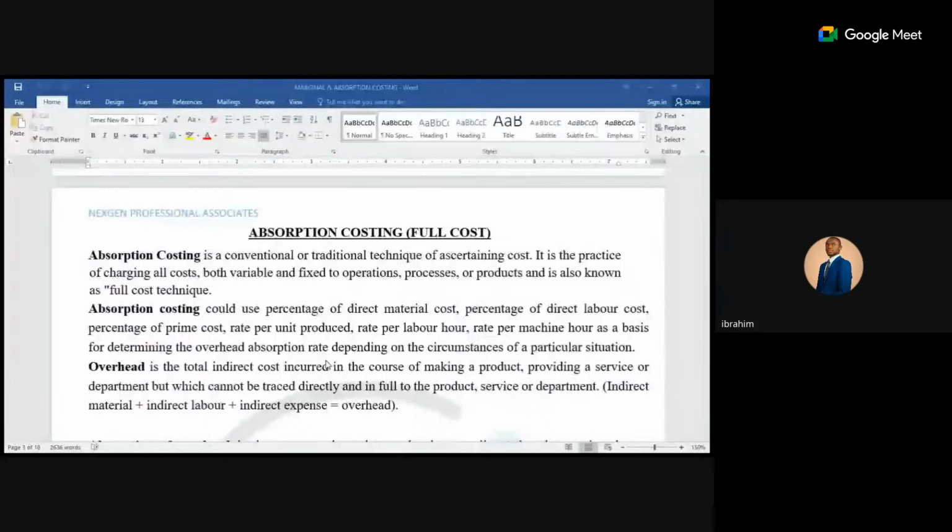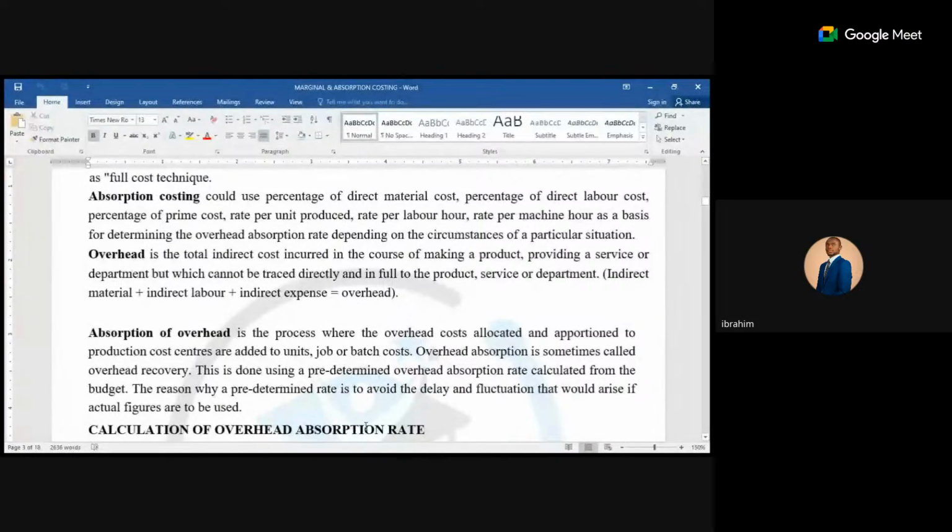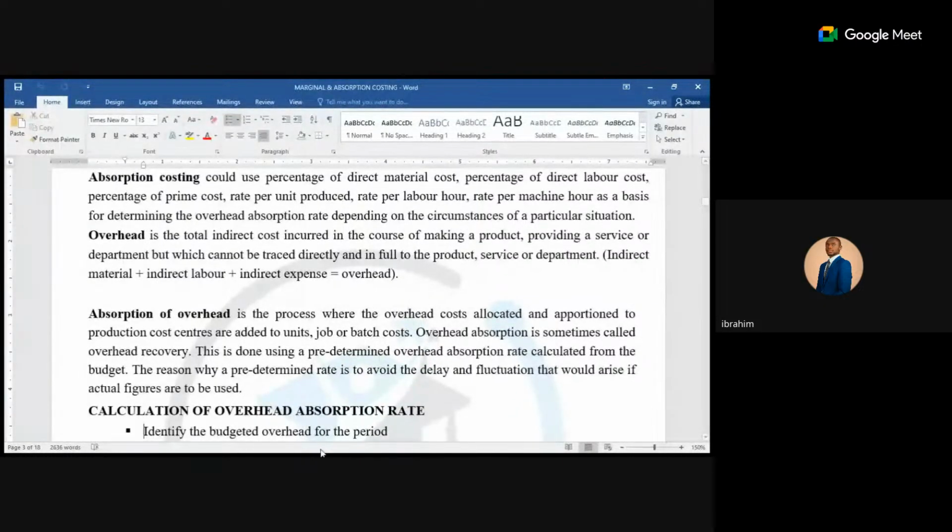Now, I want to explain this. We move to absorption of overhead. Don't forget that I've already defined absorption costing and overhead.